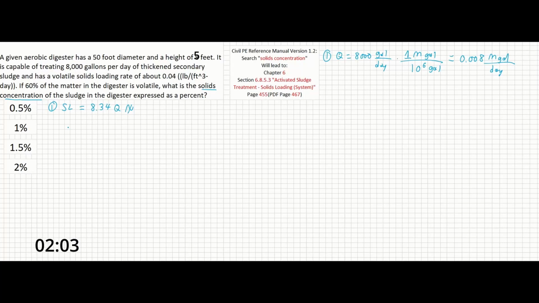We've also been given the volatile solids loading rate in units of pounds per cubic feet day. Note that the reference manual wants this in pounds per day. So if we write this out, we can see what terms are still missing and guess how to solve for them.